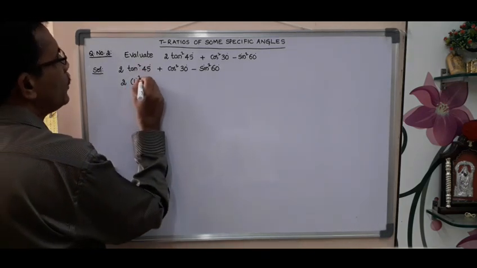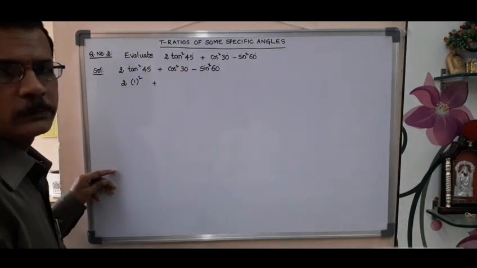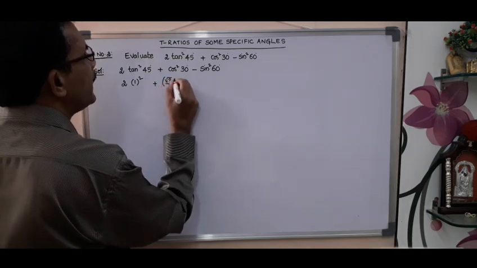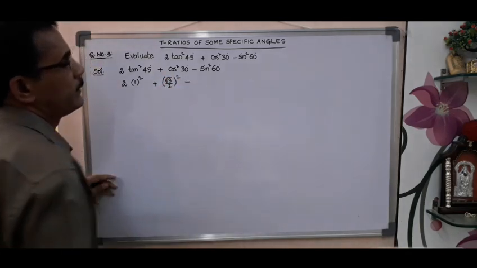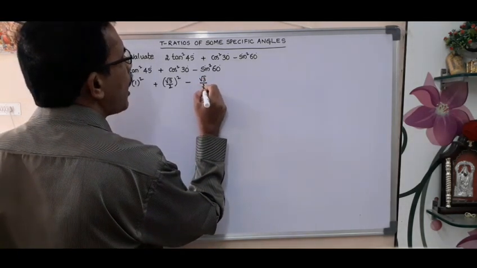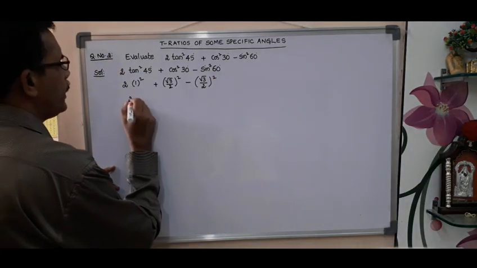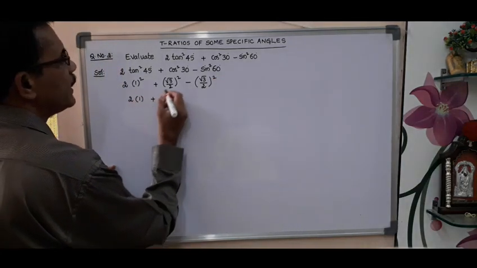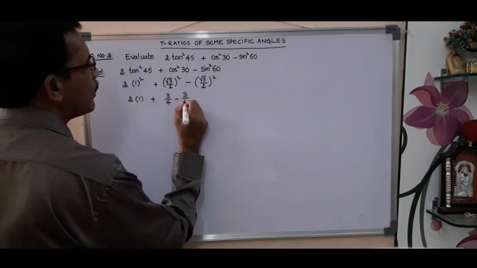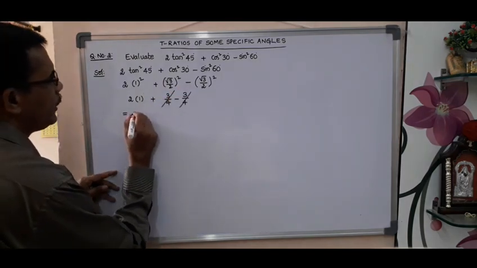Tan square is there, so 2 into 1 square, plus cos 30 value root 3 by 2, cos square, so root 3 by 2 whole square, minus sin 60 value root 3 by 2 square. This is equal to 2 into 1 plus 3 by 4 minus 3 by 4. This 3 by 4 we can cancel. That is equal to 2 into 1, 2.